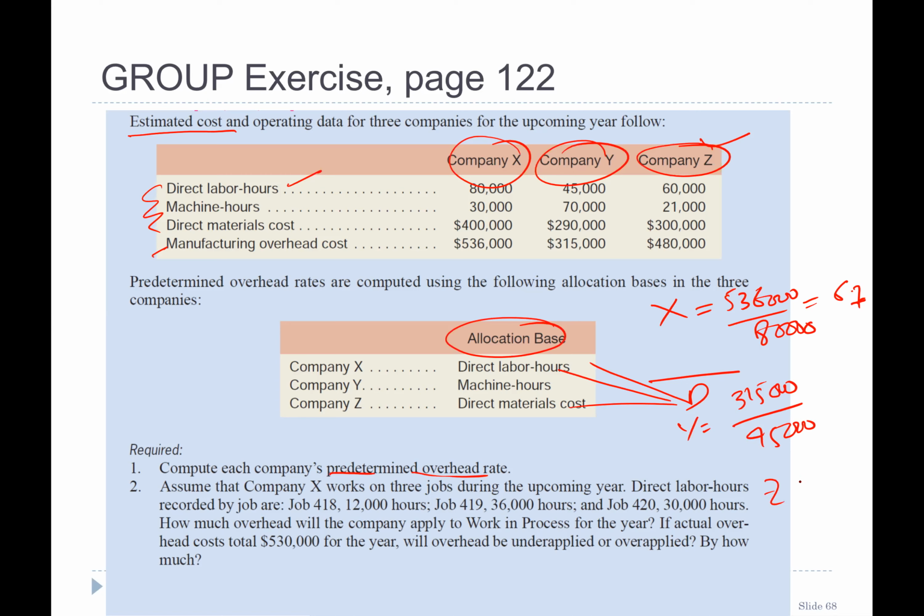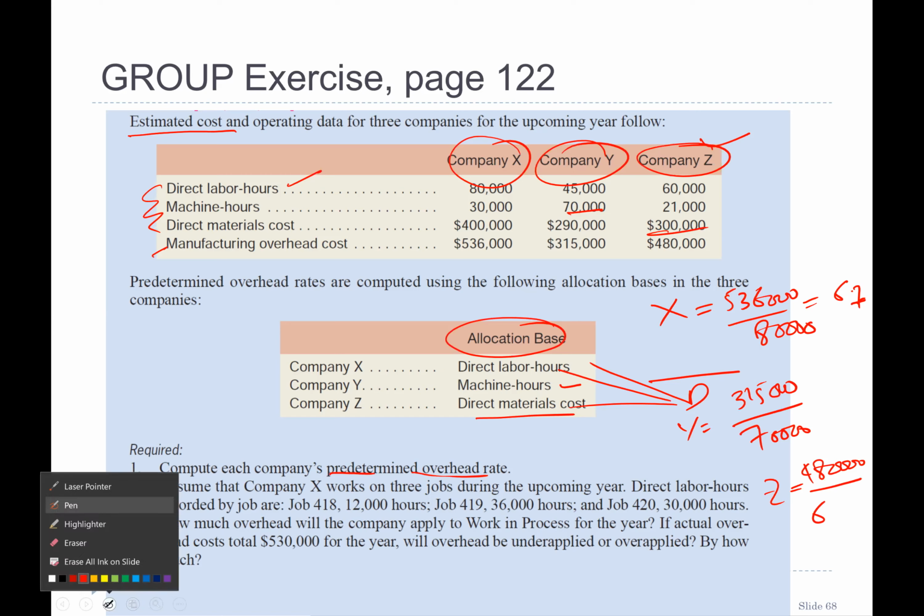For Z, it would be 480,000 divided by, sorry, machine hours, it's 70,000. Sorry, my bad. For company Y, it's machine hours. Machine hours for company Y is 70,000. And for company Z, it is material cost. So direct material cost is 30,000 here.